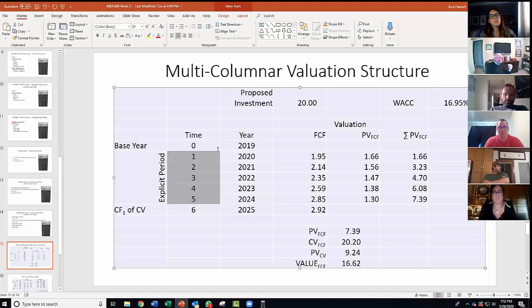We're going to start counting time from our base year forward, but at the end of our explicit period, the period in time in which we think we have some credible chance of being right, that last year of that period, we're going to start counting time over. And that last year becomes year 0, and the next year is year 1. Does that make any sense to anyone with half a brain?